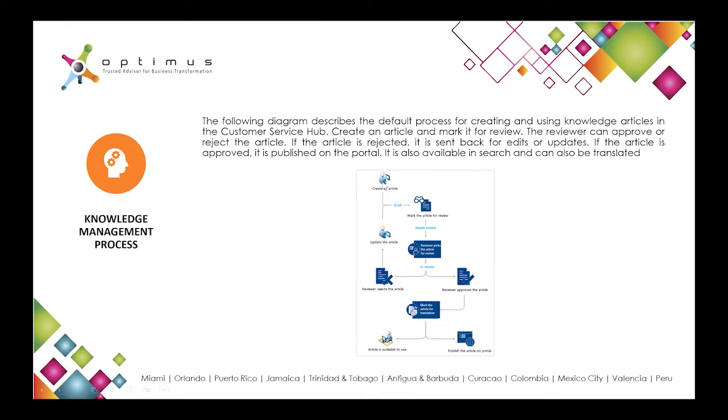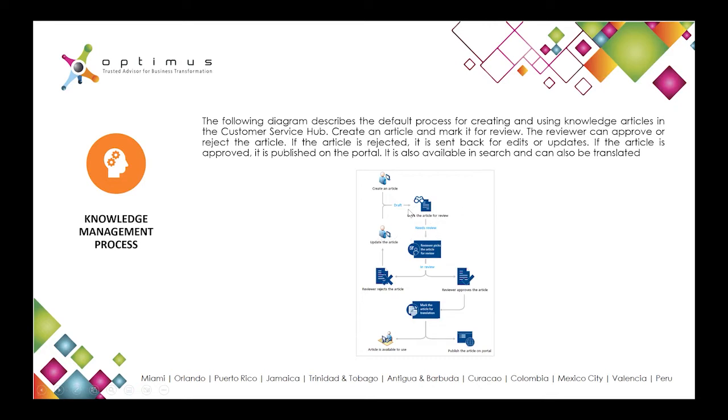The first thing that you need to do is create an article, and when you create an article in the system, it could be in draft status. After that, a group of people, a person, or someone that you define could mark the article as review or request some additional modification.